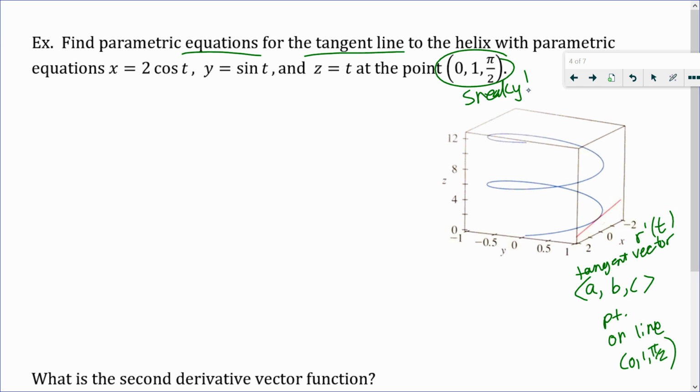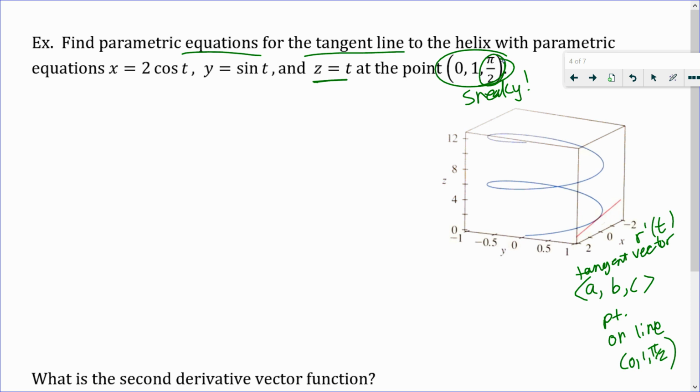This point is on this curve. So can you tell me what value of t you've secretly been told that you're at right now? Do you see it? Z is t, so this right here. So when you're at that point, your t value is pi over 2. Nobody said t is pi over 2, but you've actually been told it and you just don't realize it.